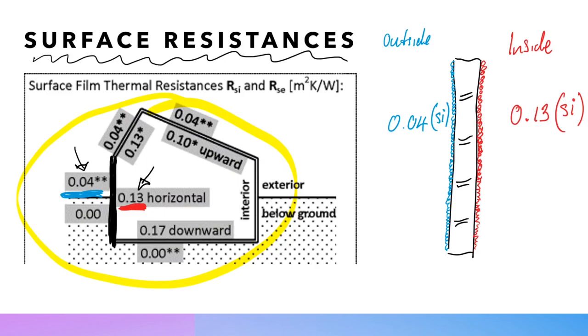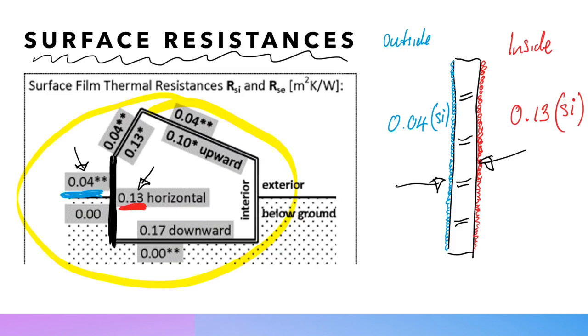What surface resistances actually are is an air resistance due to convection currents at the surface. So if you look over here, on the inside of your wall, you see all these little tiny red molecules stuck to the surface of the bricks. And on the outside, you can't see this, you can't touch it, but every single surface of every material, of every object, has this convection current around it. It's almost like a static layer.